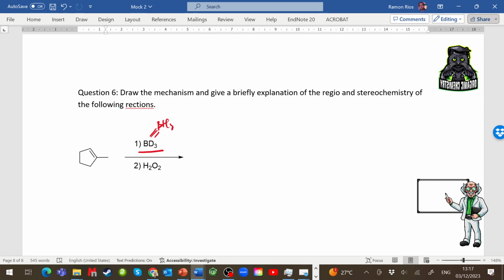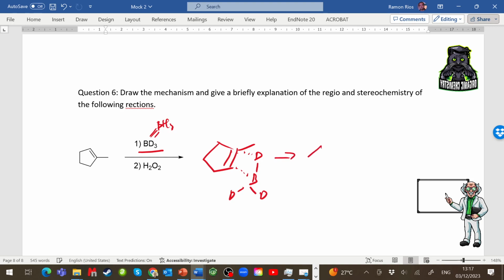And the first step is we have this compound, then the borane is making a bond with the double bond. Remember, the boron is always added to the less substituted position of the double bond, and that hydrogen, or deuterium in this case, will be added to the most substituted position. Moreover, the boron and the deuterium, or the hydrogen, will come from the same side.